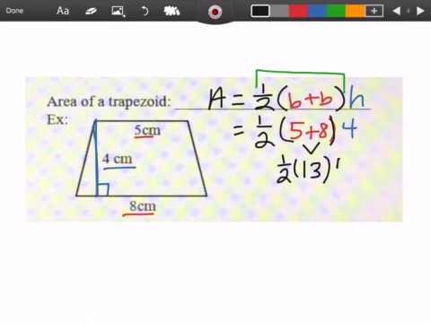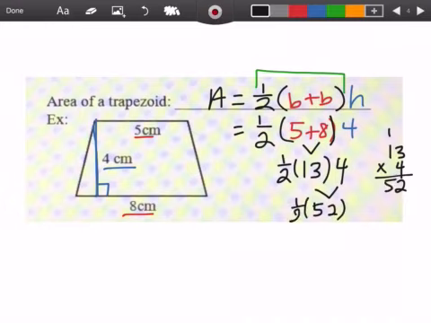Bring everything down. Now, all I have left is multiplication. I have to multiply 1/2 times 13 and multiply times 4. I'm going to do this side first because 13 is an odd number, so finding half of it would give me a decimal. So I'm going to do 13 times 4 first, and that gives me 52.